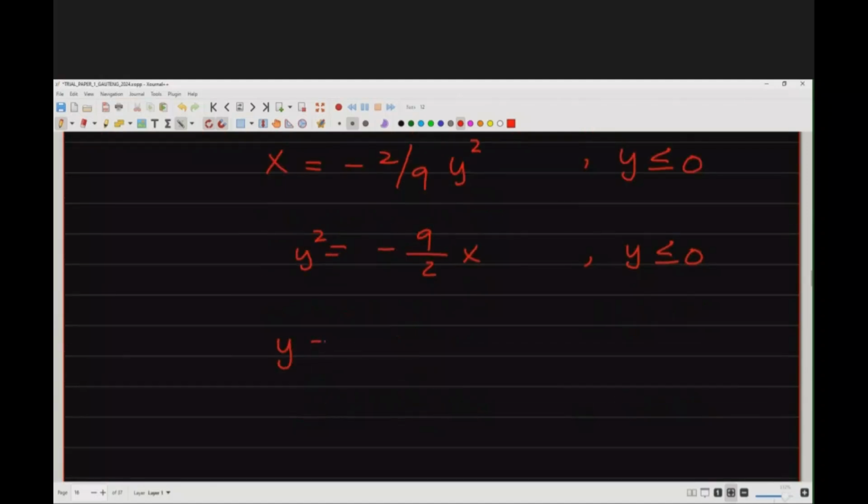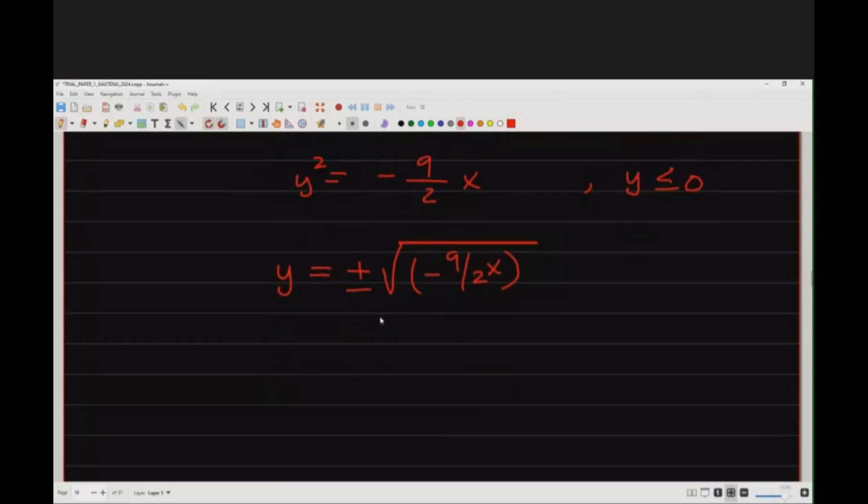So what this means here is that we have y equal to plus or minus the square root of -9 over 2x. And since we're looking at y less than or equal to 0, we'll end up with y is equal to minus the square root of -9 over 2x.